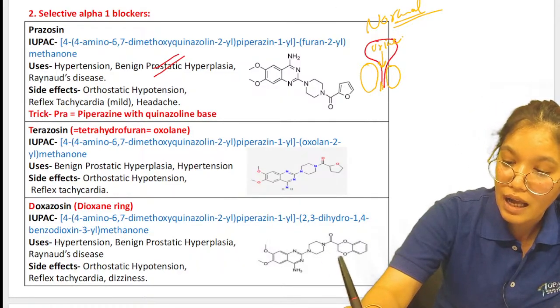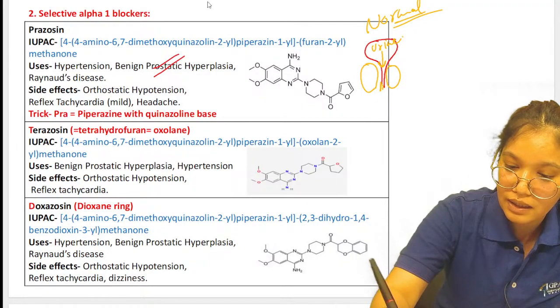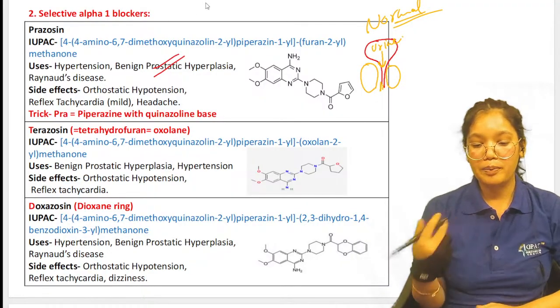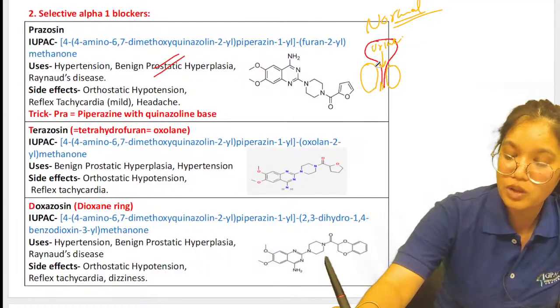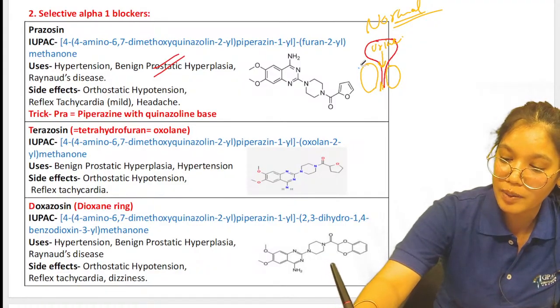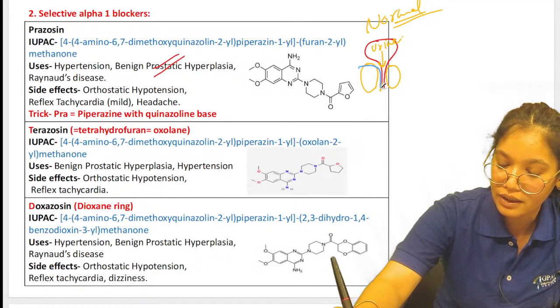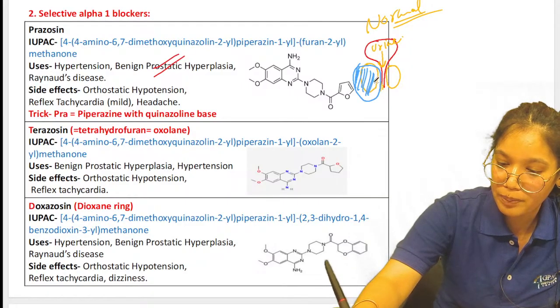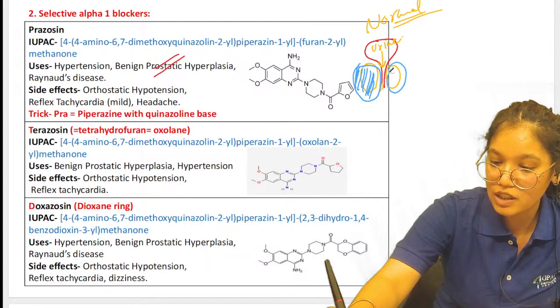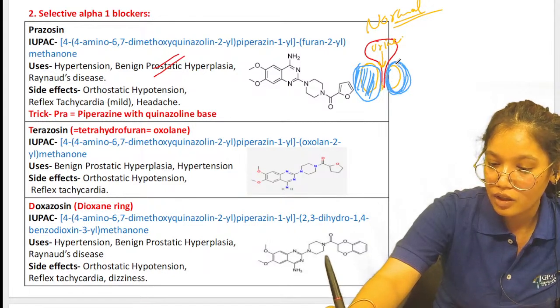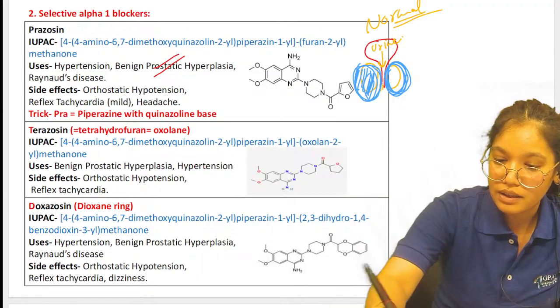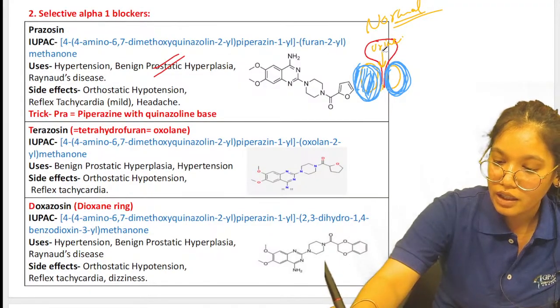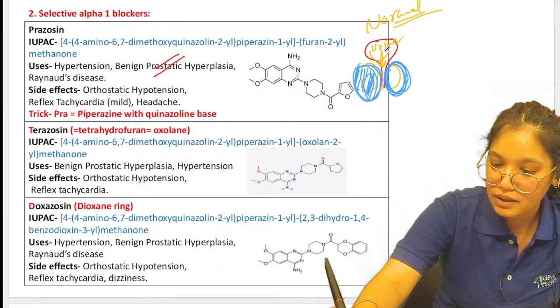Now in benign prostatic hyperplasia, the prostate glands swell up. Hyperplasia means the size of them increases. Due to the increase in size, the urine is not able to pass.